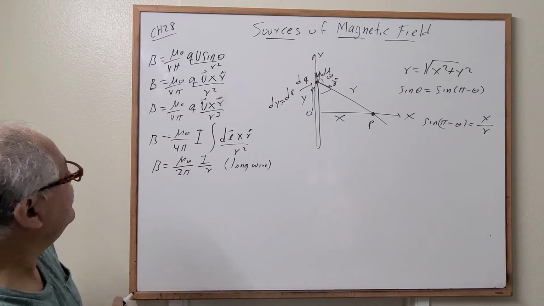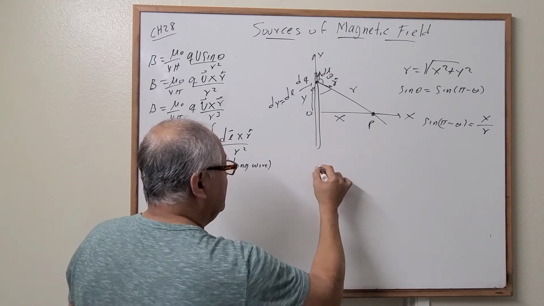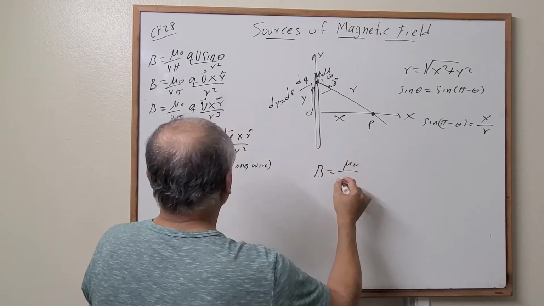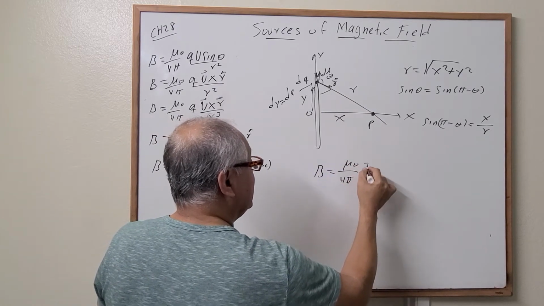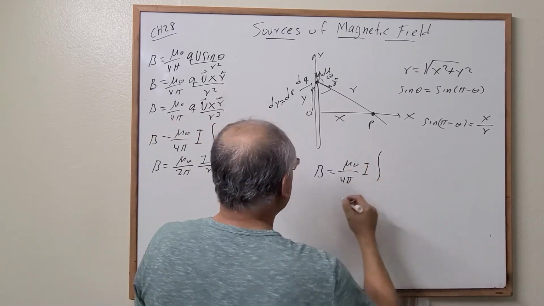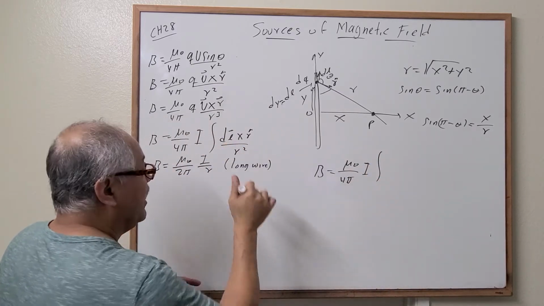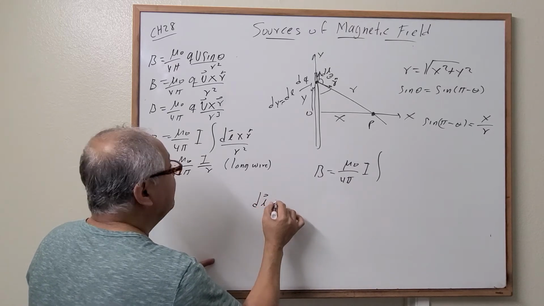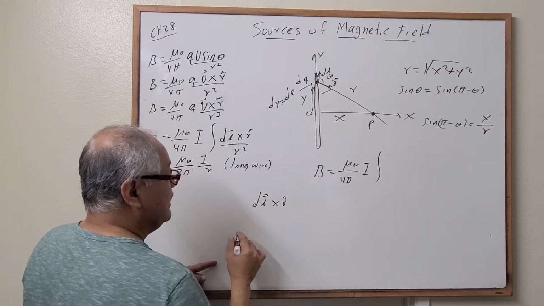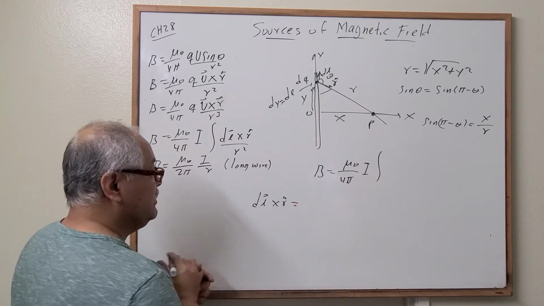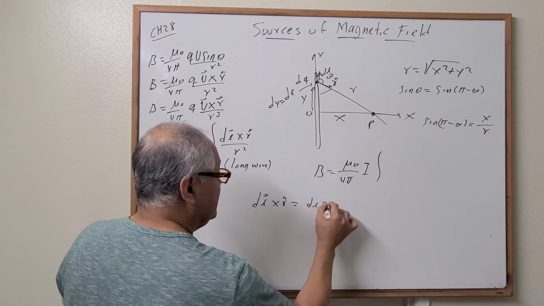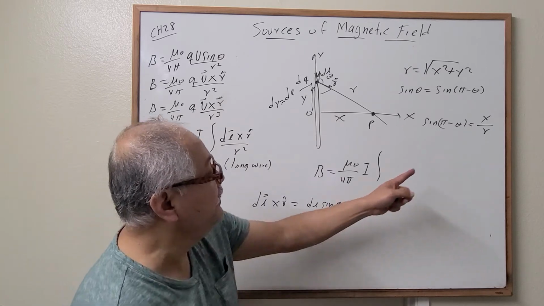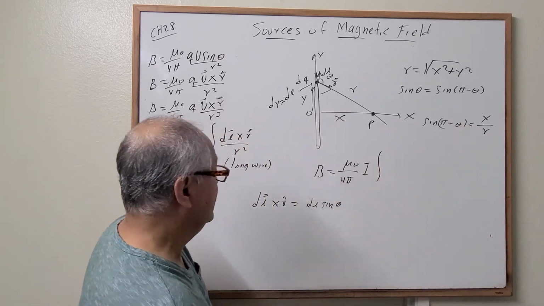So we have B, the magnetic field at that point, equals mu naught over 4 pi times the current times the integral. Let's use this cross product: this element of length times this unit vector is equal to dl sine theta. But what is sine theta? Sine theta is going to be x over r, correct?